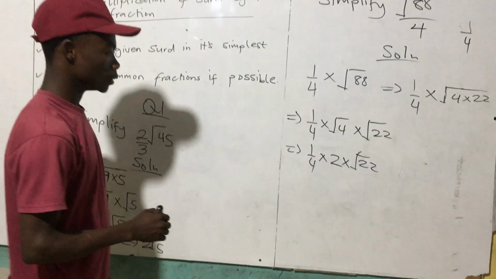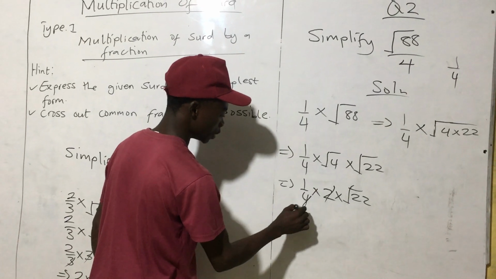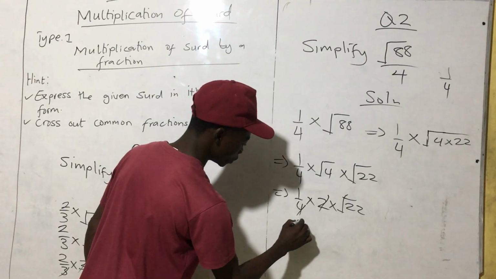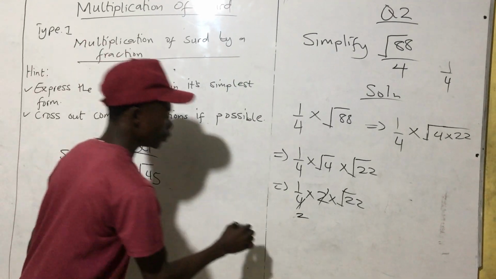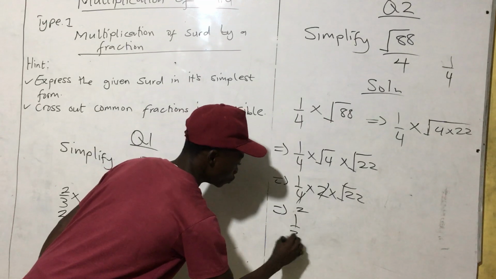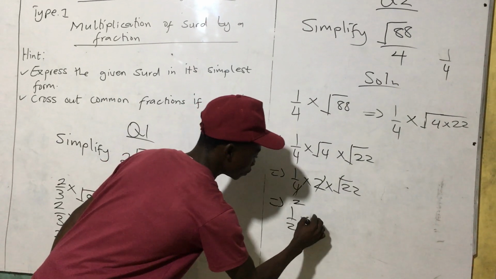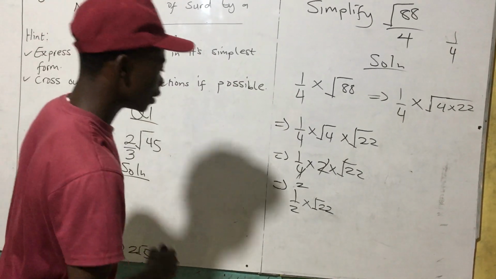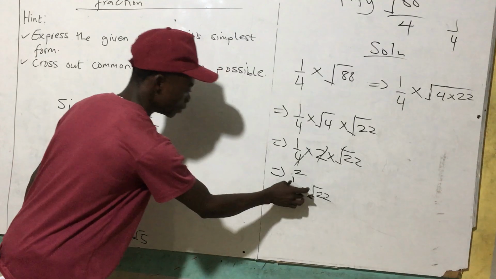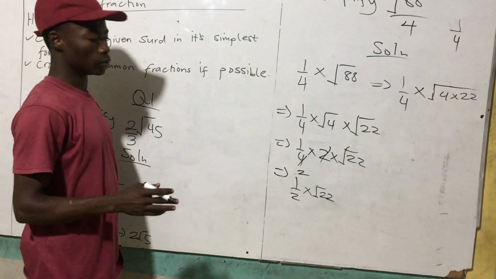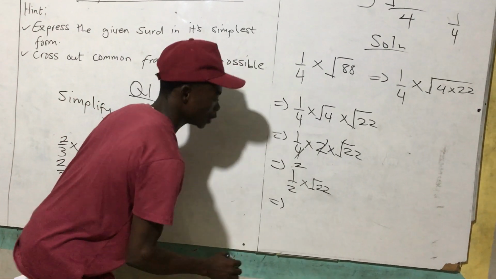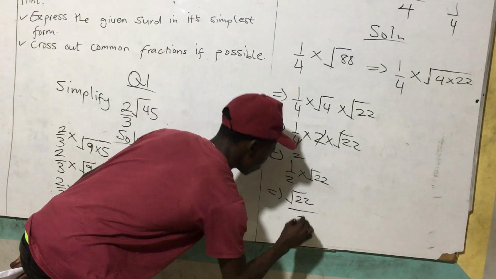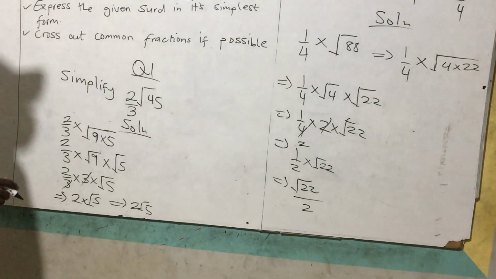Alright, clearly you can see our 2 here cancels here. Remember 2 here. Alright, so we are left with 1/2 times root 22. 1 times root 22 is root 22. And our final answer is equal to root of 22 over 2.